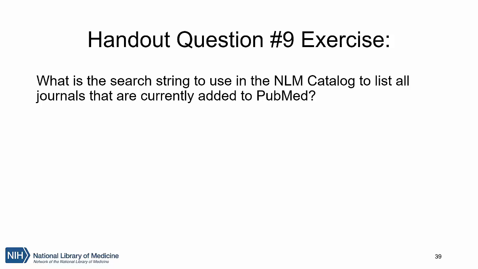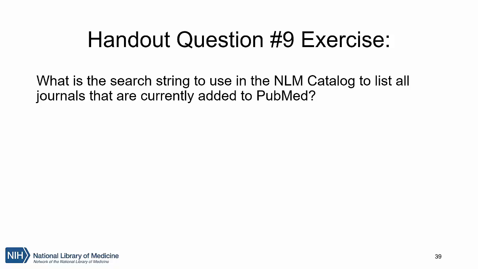So we've done 2 searches in the NLM catalog so far, currently indexed Medline journals and journals PMC. To find all journals currently added to PubMed, we need to combine those 2 search strings. How would you do that to create one search for all currently added PubMed journals?